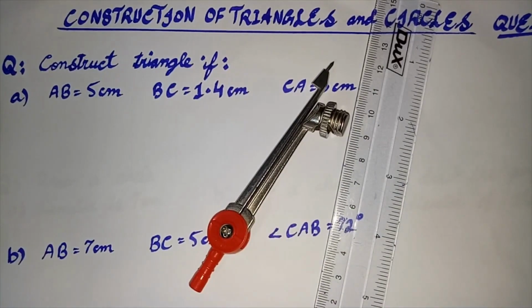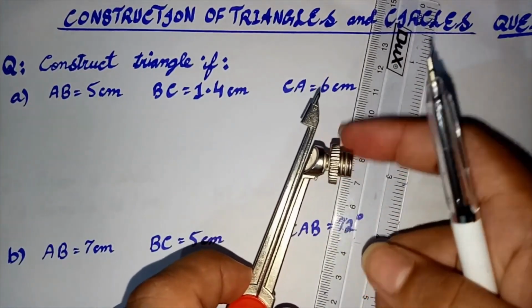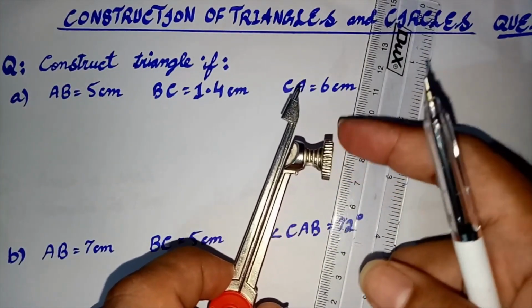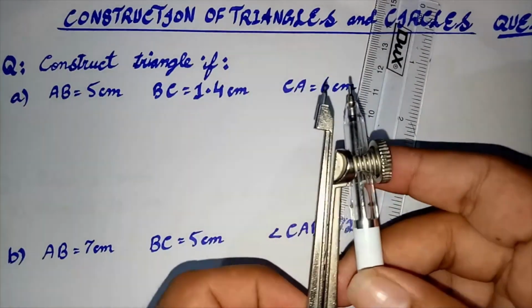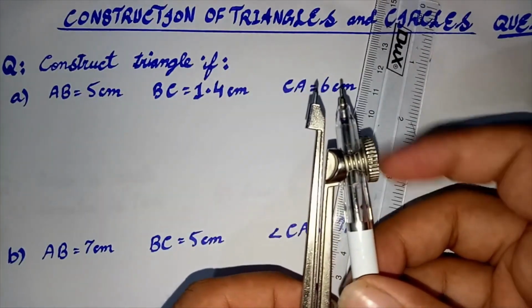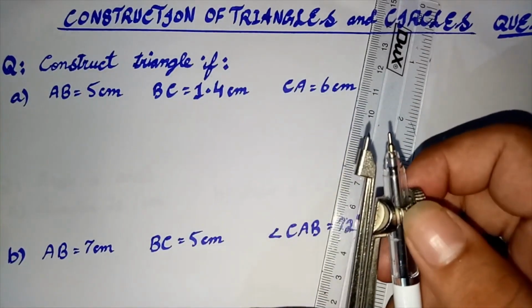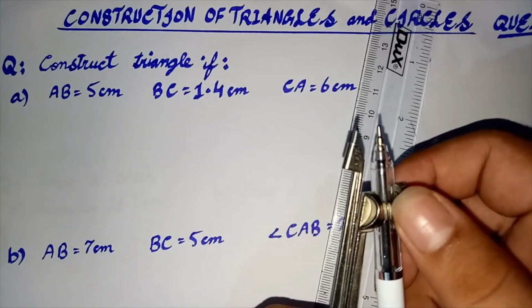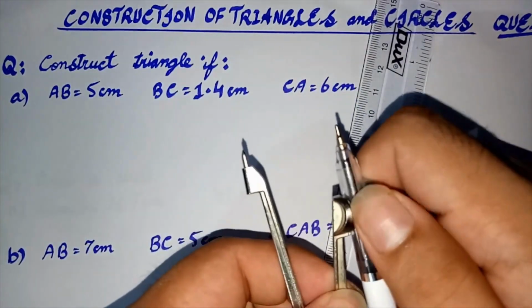This is the pair of compasses we have. What we will do is open it up, insert a pen or anything here, and tighten it, just like this one.